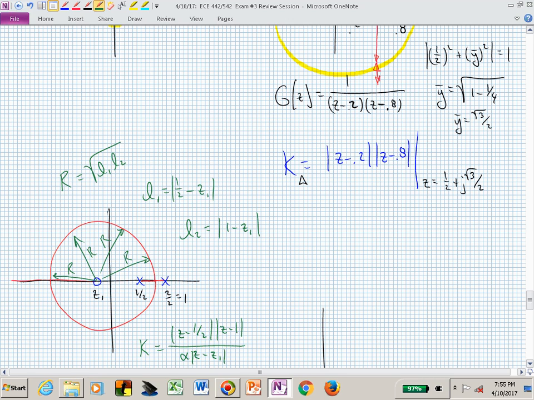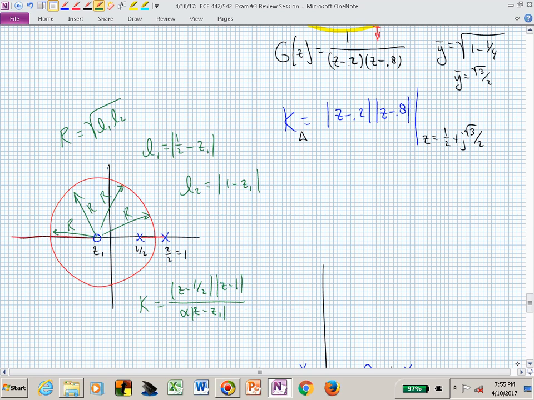Now, what do you know about stability? It's sort of like that, maybe, based on the radius.